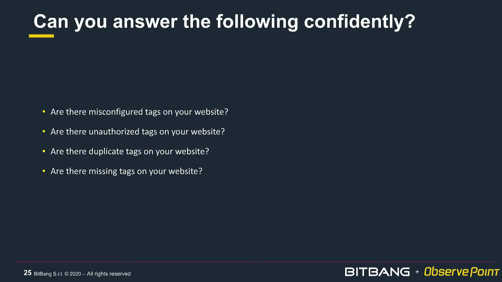Third point are the duplicate tags on your site. So this is a bit less relevant than it used to be. But in the olden days, the duplicate tags used to cost you twice as much. They still do. But they used to double count your data. A lot of technologies now automatically have a deduplication aspect, so your data is no longer double counted.